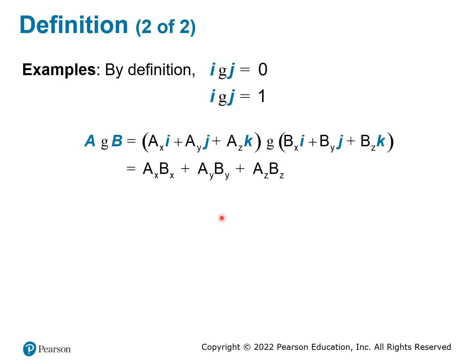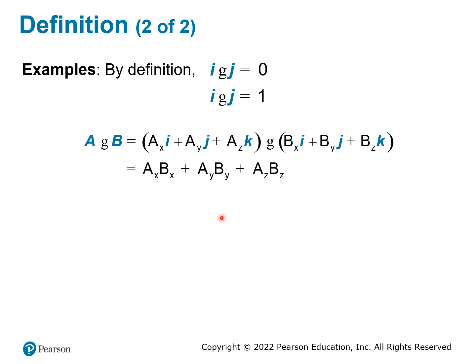And if you go back to the previous slide, our definition of the dot product is the magnitude of i times the magnitude of j times the cosine of the angle, which is 90 degrees. And what is cosine 90 degrees? Cosine 0 is equal to 1. Cosine 90 is equal to 0. So when they are perpendicular to each other, their dot product is equal to 0.